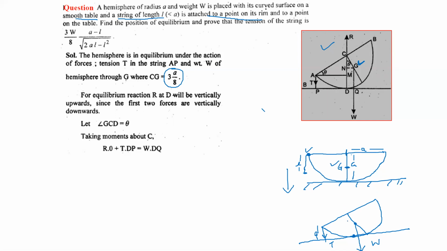And because this table is a tangent to the hemisphere, and in the lower classes we have read that a line perpendicular to the tangent always passes through the center. So that's why we have to make the normal reaction perpendicular to the table, and this table is acting like a tangent to this curve. So the normal reaction will pass through the center. So this vertical will pass through the center of the hemisphere, the reaction of the table.